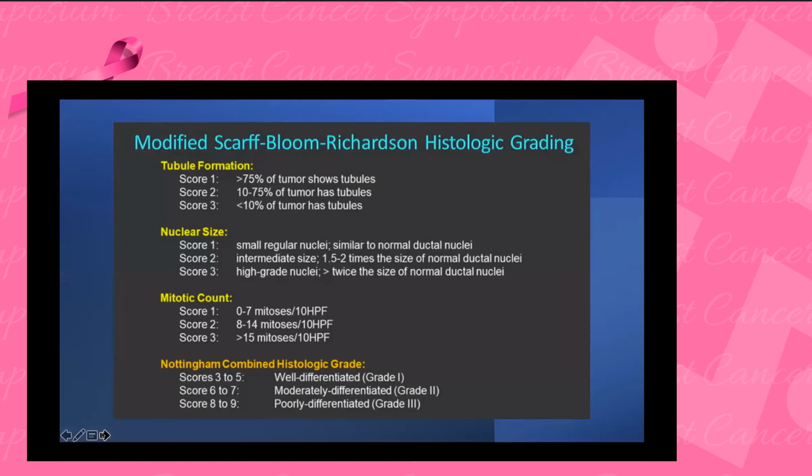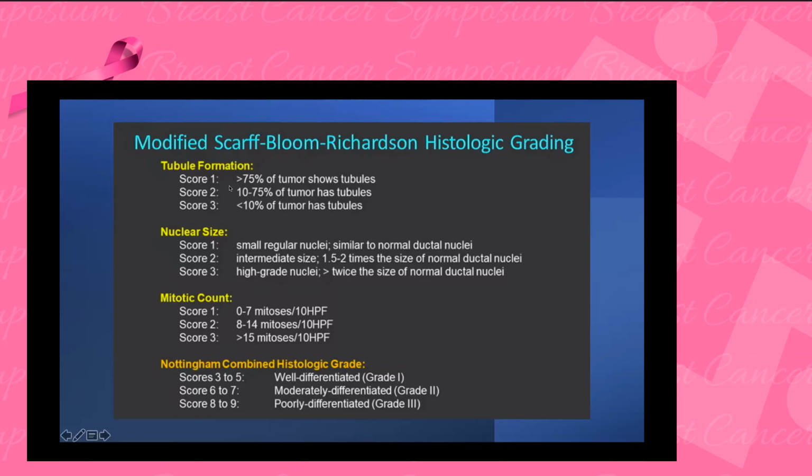Now on the cytology, I said we use Yokohama and we then grade our lesion. On histology, we use the modified Bloom and Richardson. We are able to look at different components to give a grading, which will assist with prognosticating the patient. So we look at how the tumor resembles normal breast tissue. Is it forming tubules?